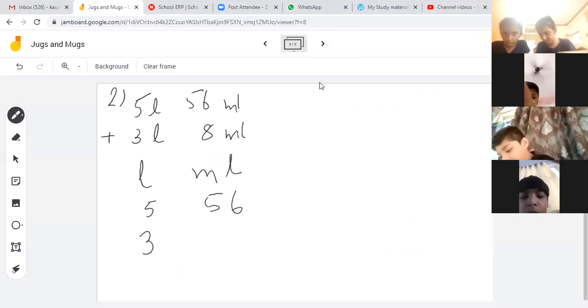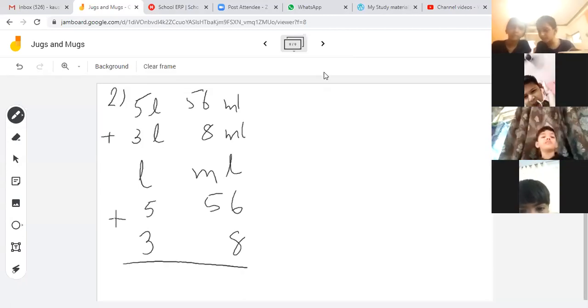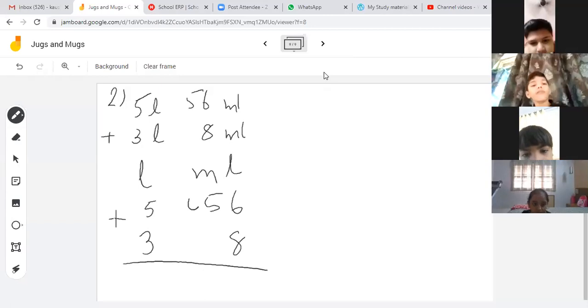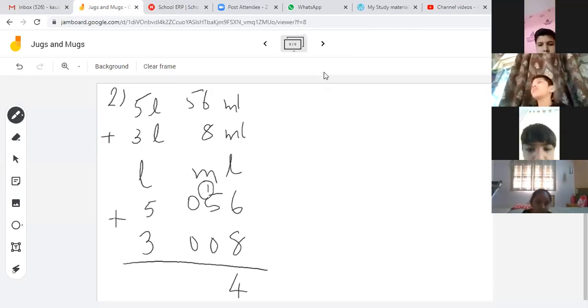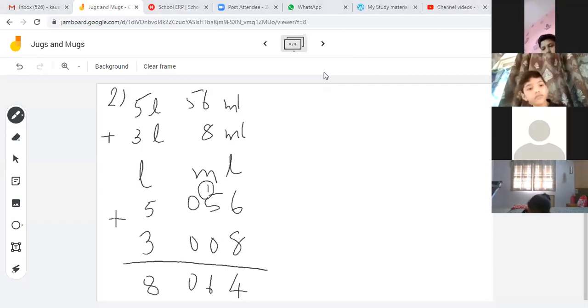We will be writing 8 here. Okay, this is a very important part. Or we can write it like this also, 0008, right? This will make it even easier. 8 plus 6 is 14, 1 carried over, so 5 plus 1 is 6, 0, 5 plus 3 is 8. So the answer is 8 liter and 64 ml. You can write it. I'm not going to write that for you. Yes, come on, final answer you must write.